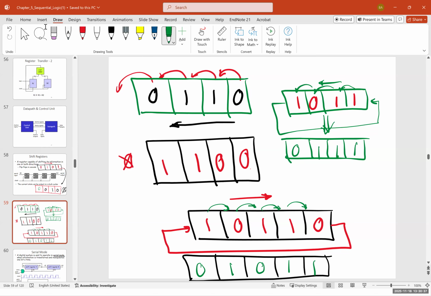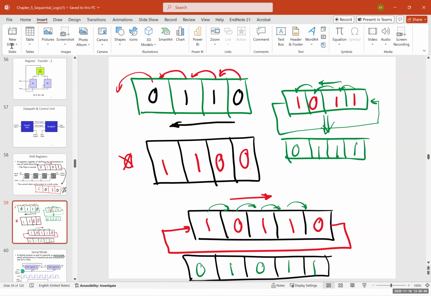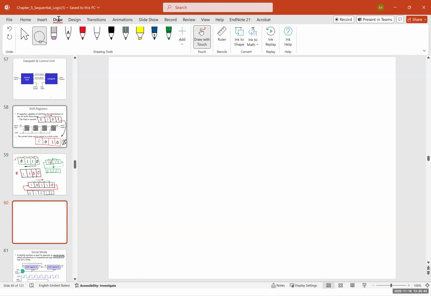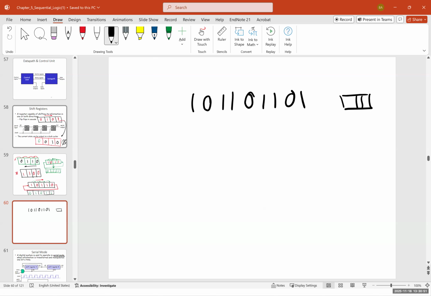Now, let me give you an example. Imagine I have this digit 1, 0, 1, 1, 0, 1, 1, 0, 1, and I put it through a shift register that shifts to the right, and it's a closed loop shift register like this. What would the result be when I put it through this shift register?